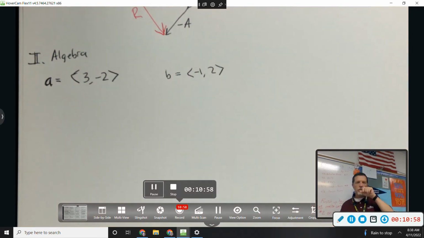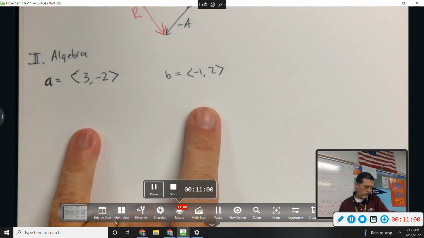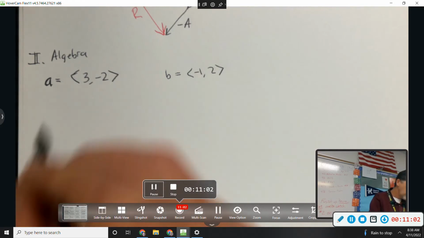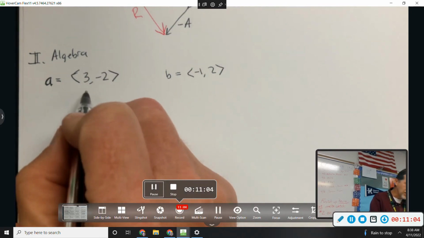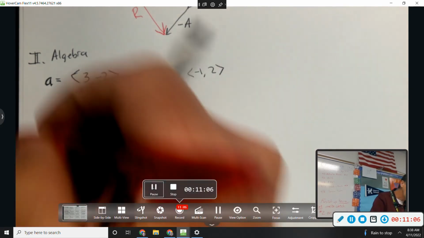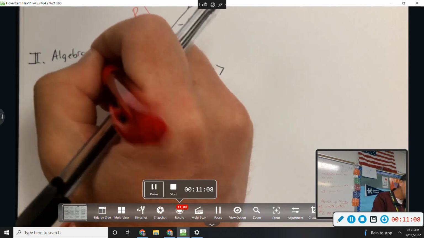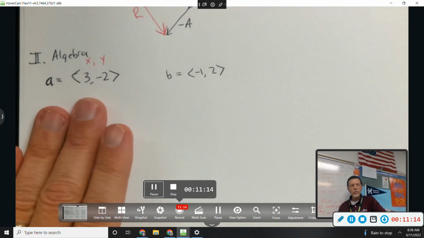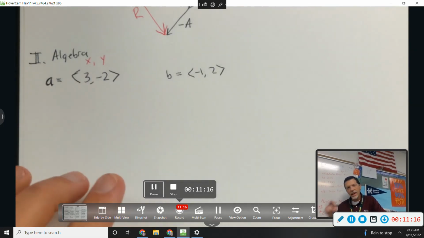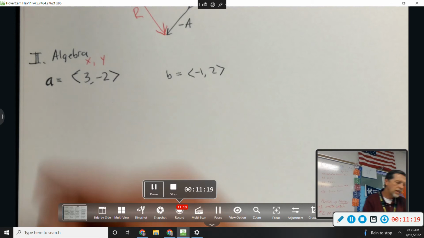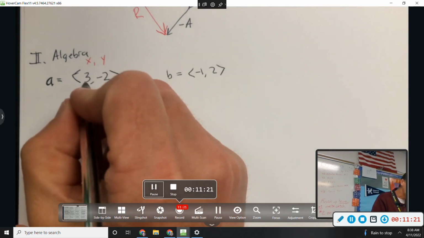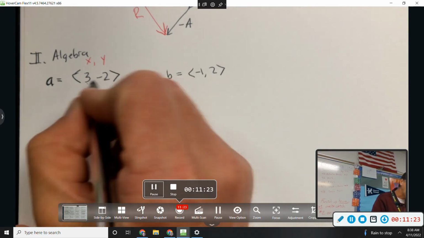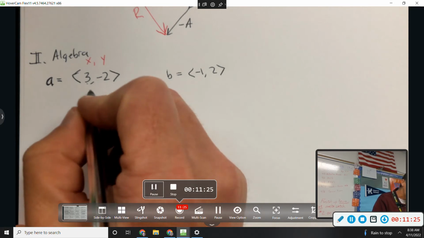And we're going to have a vector C, but let's pause here and see what this means. It looks kind of like an ordered pair, and it kind of works like an ordered pair, where the x component is first and the y component is second. Again, this matches with physics, where you break a vector down into the x piece and the y piece. So this means our vector goes +3 in the x direction and -2 in the y direction.